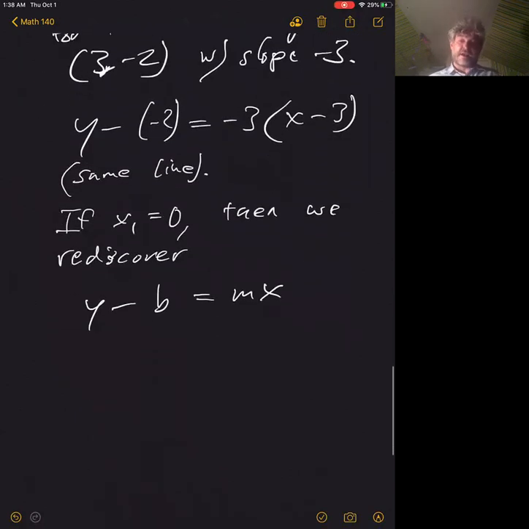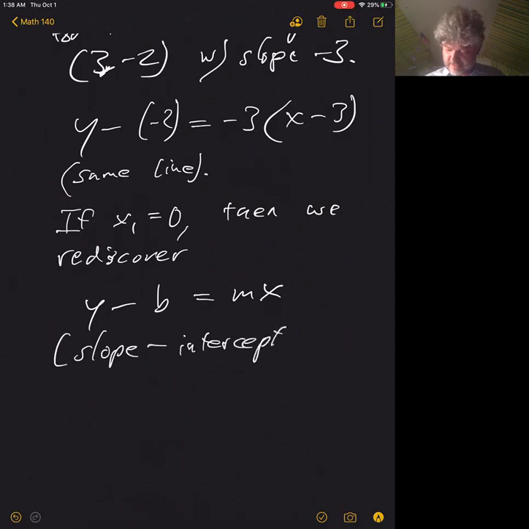So that's, to my eyes, pretty much identical to the slope-intercept equation. The slope-intercept equation, you might say, is a special case of the point slope equation.